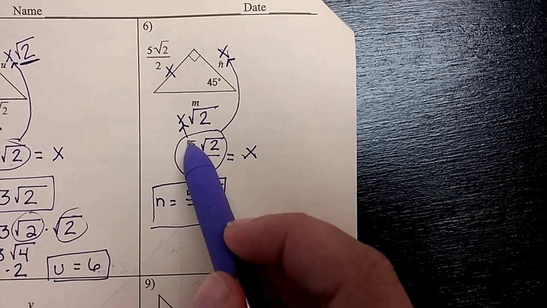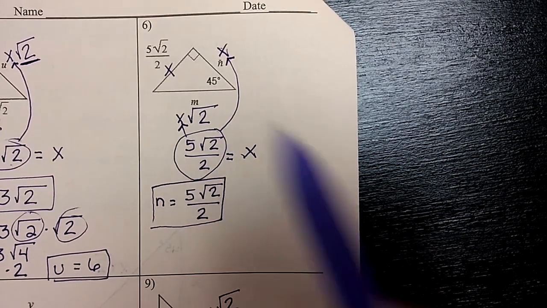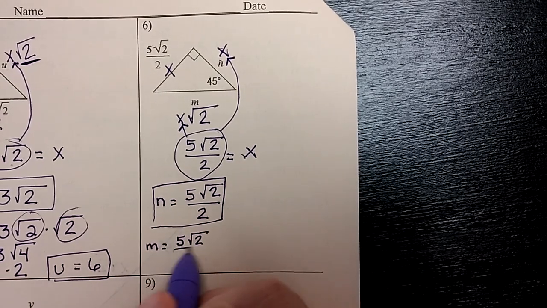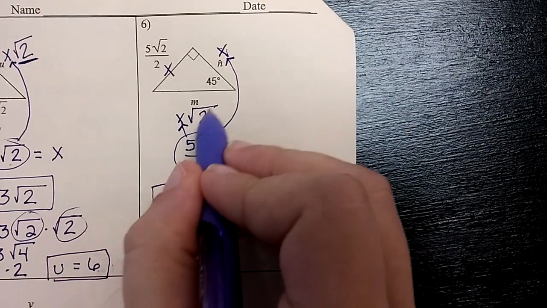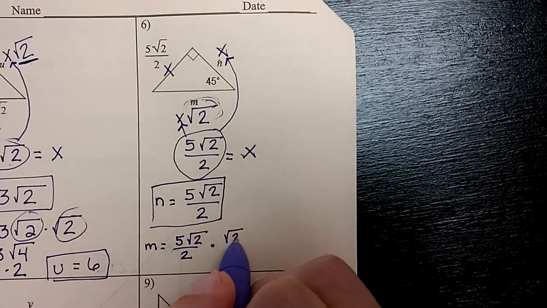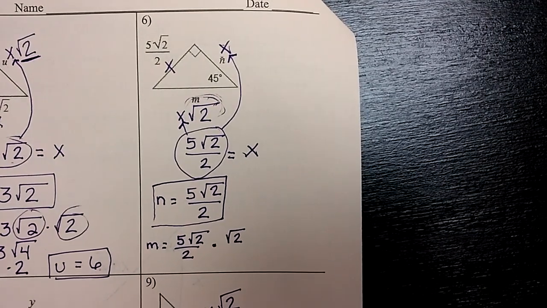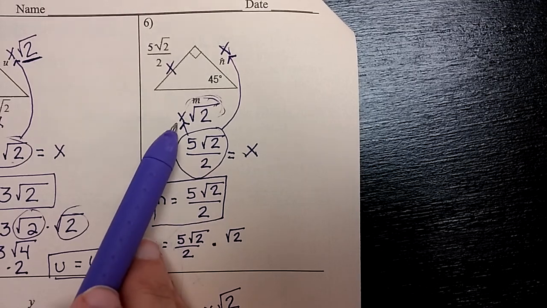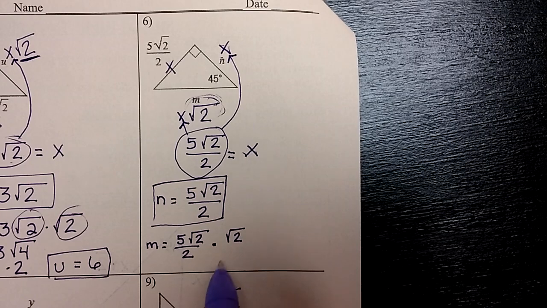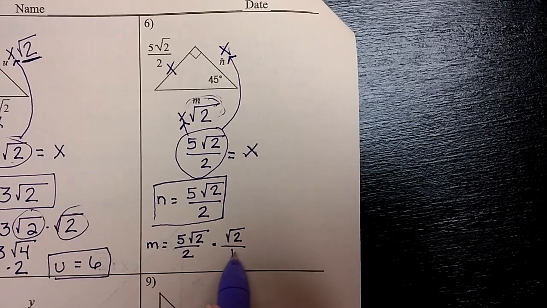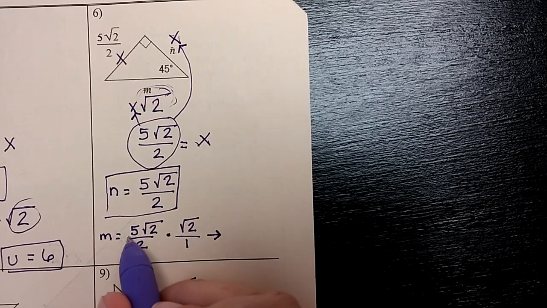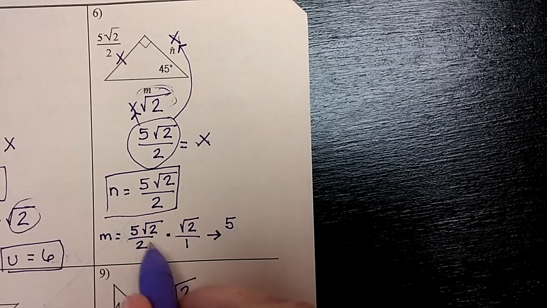Side m, I'm going to plug 5 root 2 over 2 in for x. So I have 5 root 2 over 2. Don't forget there's still this times root 2 here that we have to remember to account for. I plugged x in for x here, but there's still a root 2 we have to multiply. So I'm going to make it a fraction by putting it over 1. And now we simplify. Outside the radical is 5.